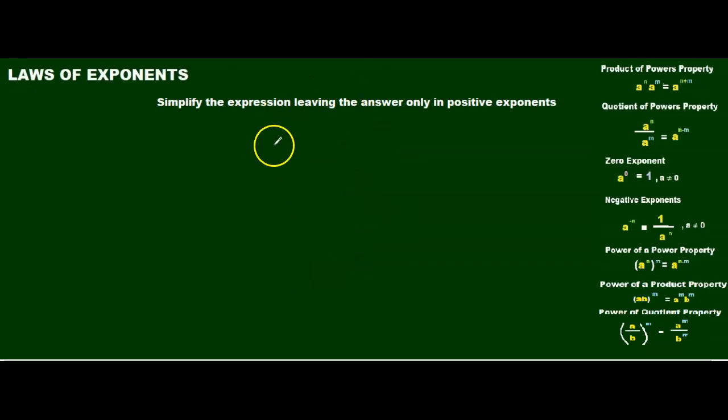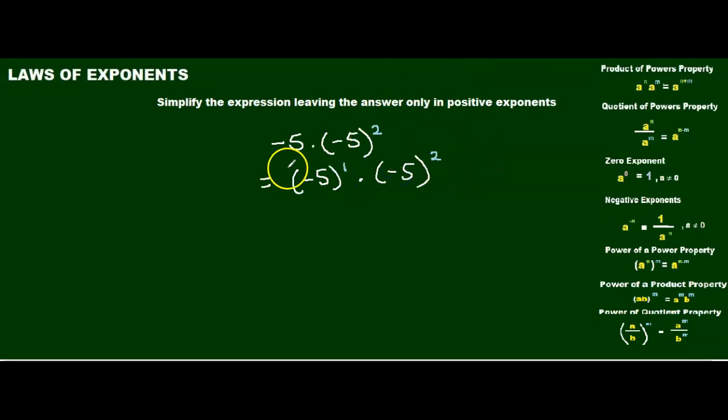Let's try negative 5 times negative 5 squared. This one's a little tricky, so I'm going to rewrite it as (negative 5) to the power of 1 times (negative 5) squared. Now, do you see that it matches the product of powers property, which has my negative 5 as the base? I have the same negative 5 as the base, and therefore I can add my exponents together.